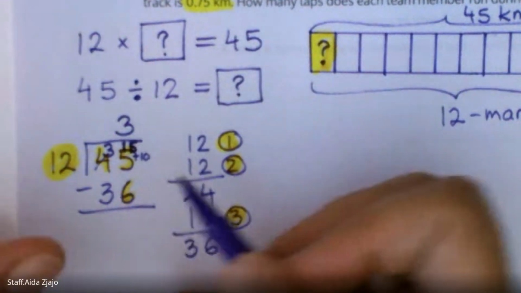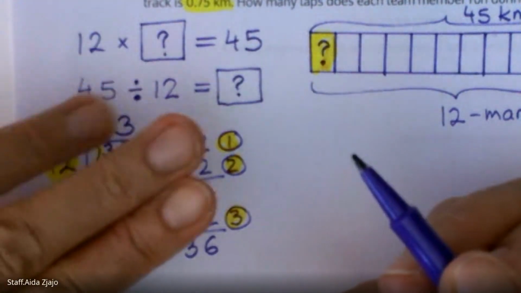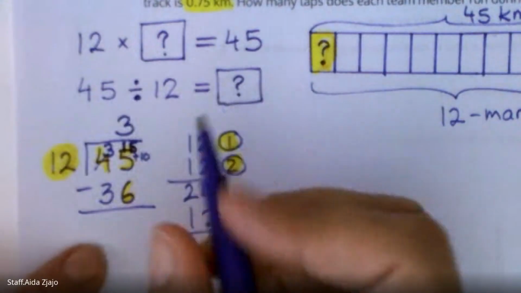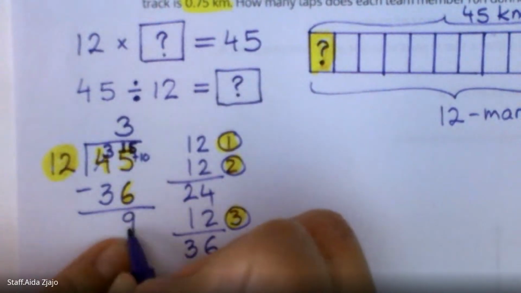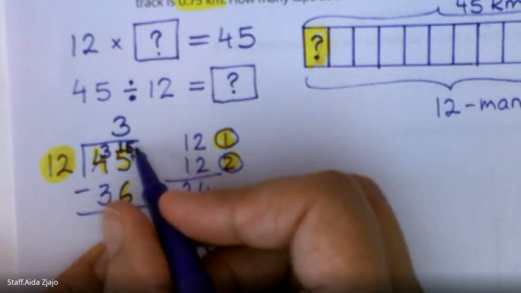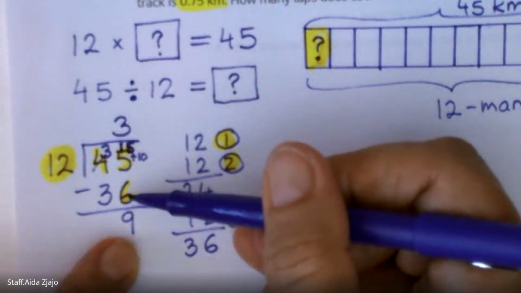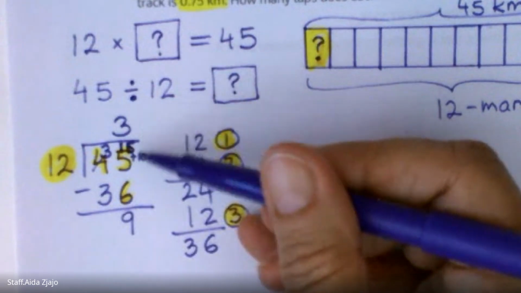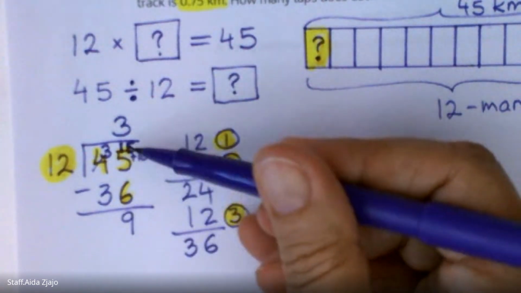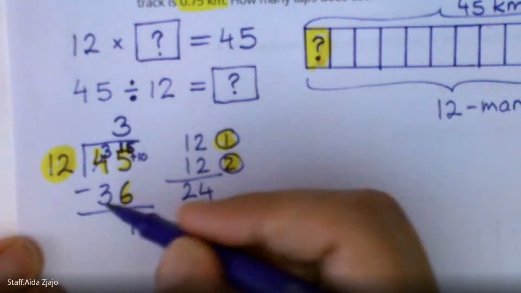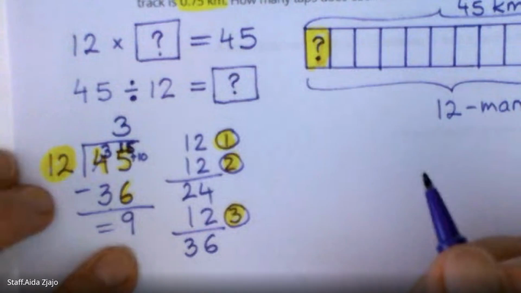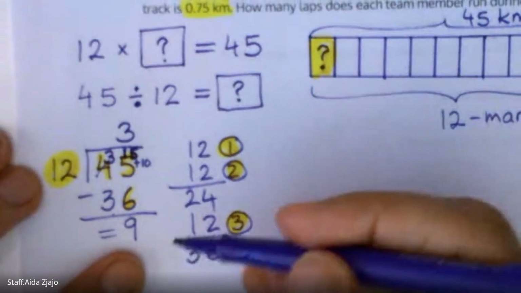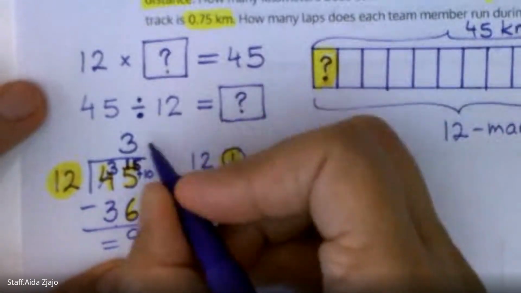So 6, 7, 8, 9, 10, 11, 12, 13, 14, 15. So we open 9 fingers. So 9 plus 6 makes 15. So counting from 6 to 15 gives you 15 minus 6 as well. So that's 3 tens minus 3 tens. There is a 9 left. So that means this, we're going to show as a fraction.